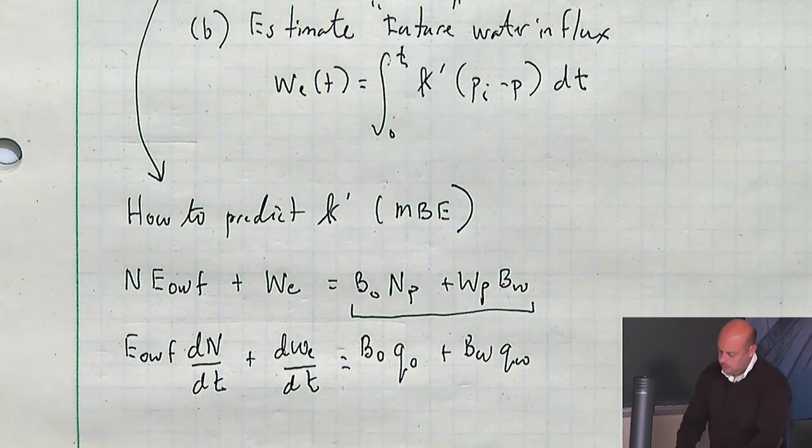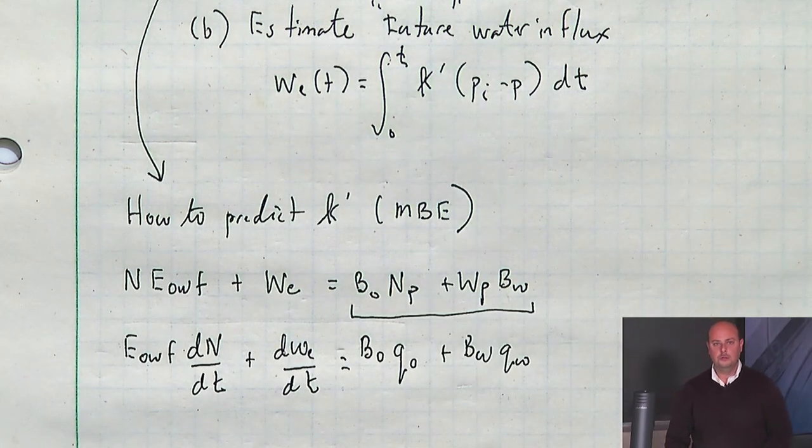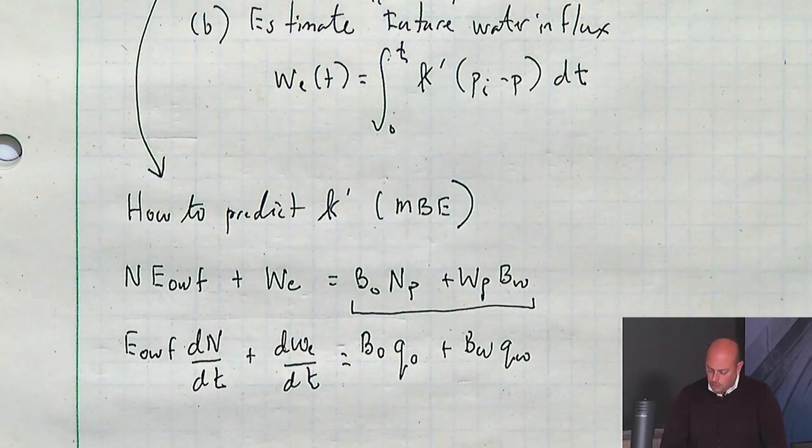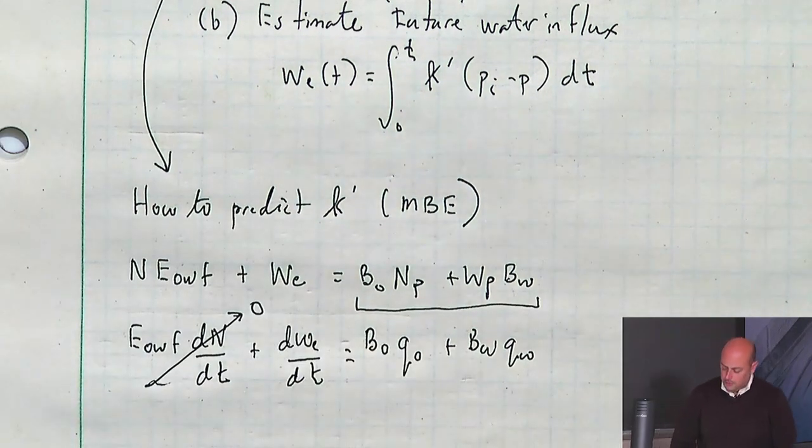Why is that? Well, Np is the oil produced. Change in oil produced with time is the oil rate. Change in cumulative water produced with respect to time is the water rate. You'll have those measured as well. N is the original oil in place. It is a constant, so it doesn't change with time. That means that whole term goes to 0. Okay. I'm going to do an example problem.